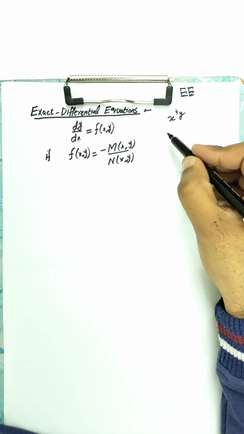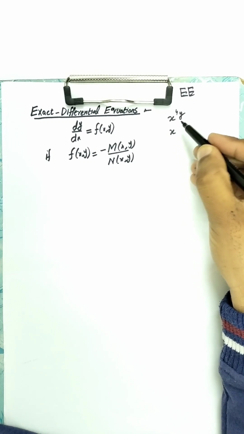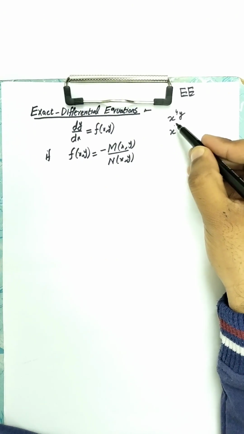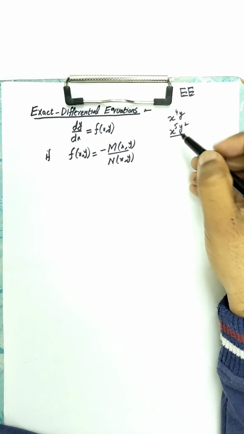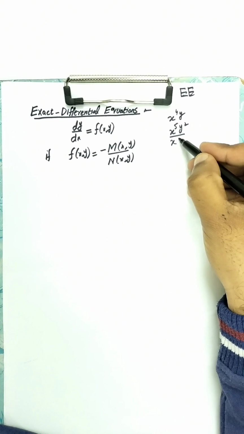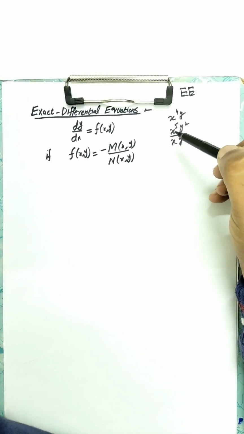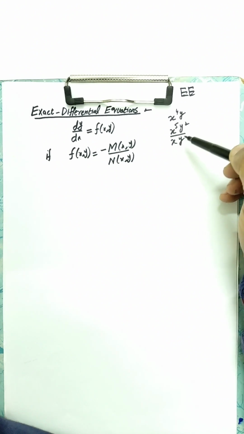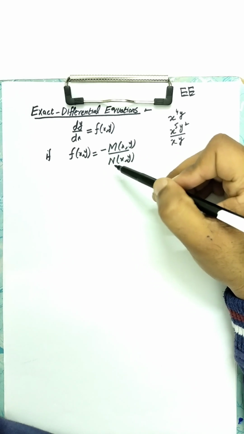So we write this function in this form, like x raised to power 5, y raised to power 2 over x y. We write this function x raised to power 4 y in the form of this.